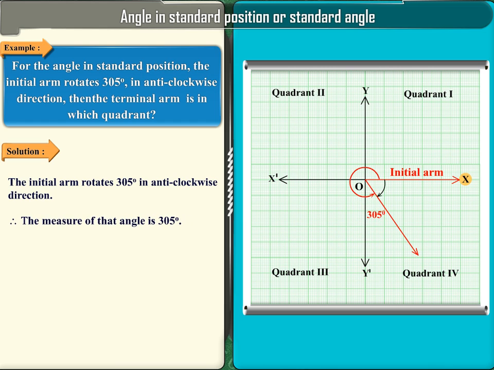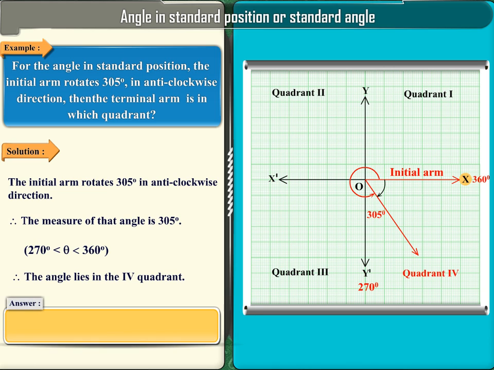Therefore, the measure of that angle is 305 degrees. Since the measure of the angle lies between 270 degrees and 360 degrees, the angle lies in the fourth quadrant. Therefore, the terminal arm lies in the fourth quadrant.